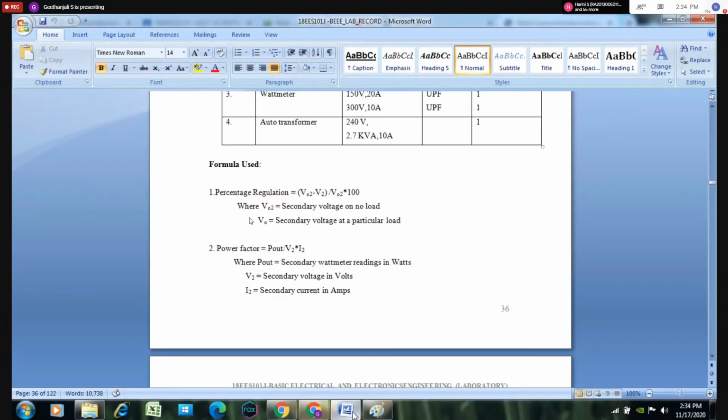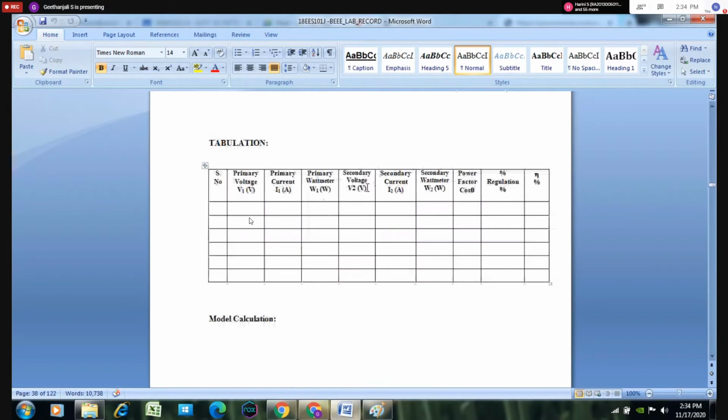Instead of the wattmeter, you change it to input power. Here, instead of the secondary wattmeter, you can mention output power. In the lab, if a wattmeter is available, then you can measure with it. But both the readings will be the same. Whether you use the wattmeter or the input and output expressions, both readings will be the same.